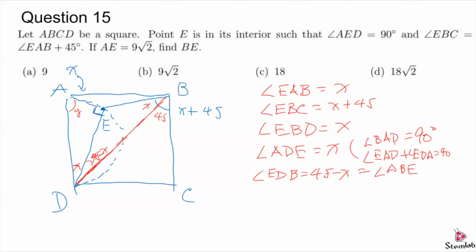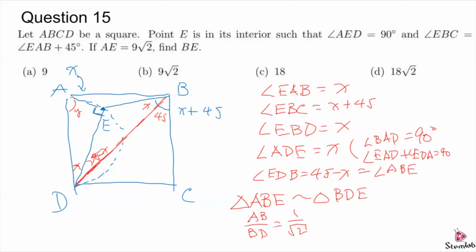So in essence, we have two triangles which are similar. Triangle ABE is similar to triangle BDE. If they're similar, the ratio of the sides must be similar. So we know that this is a square, so AB to BD is equal to 1 over square root of 2.